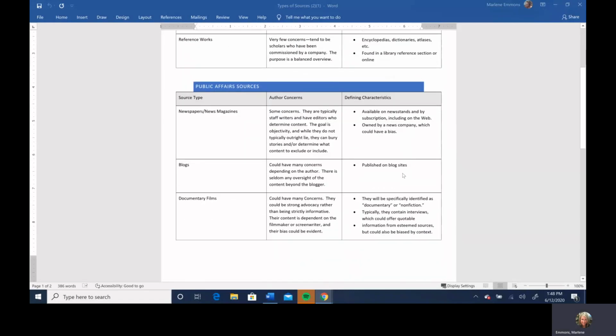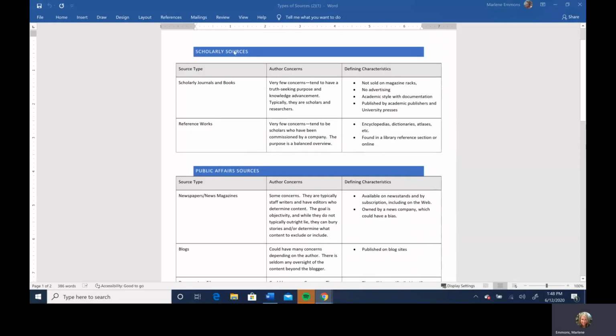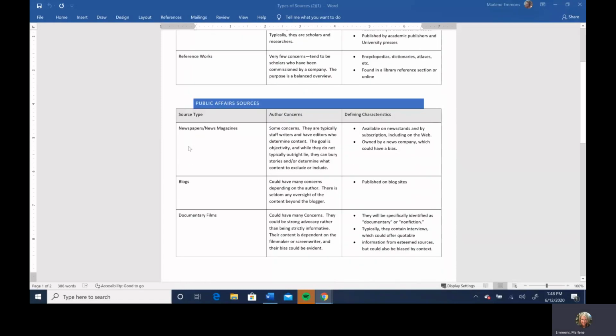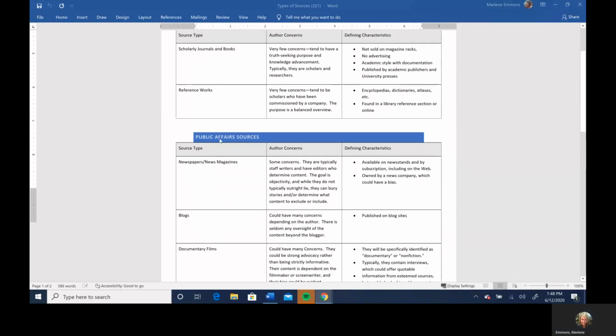So public affairs sources are going to be a little bit different from these other scholarly sources, in that they are newspapers and news magazines, blogs, documentary films. One thing that you can notice is that with newspapers and news magazines, they are going to go to publication much more quickly than, say, a scholarly journal and book.